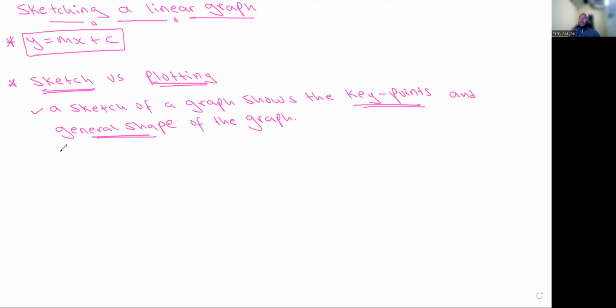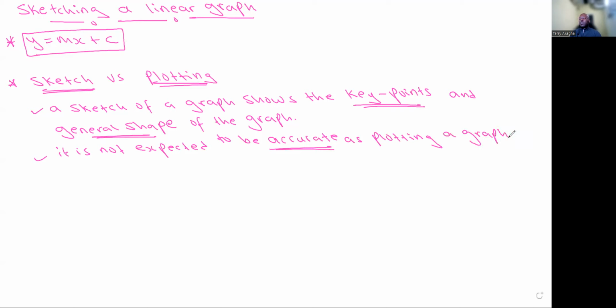Also, it's not expected that the sketch will be as accurate as plotting the graph from a table of values. So it is not expected to be accurate as plotting a graph from a table of values.